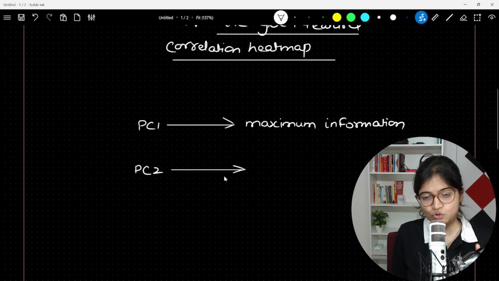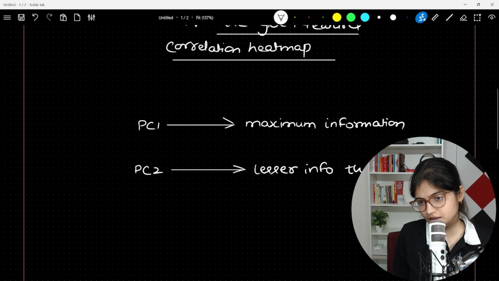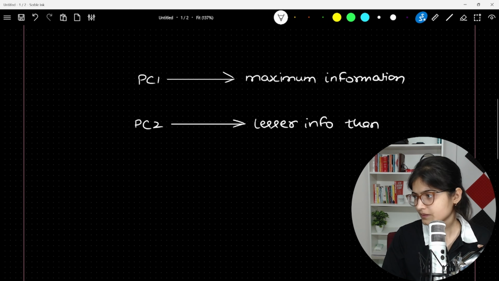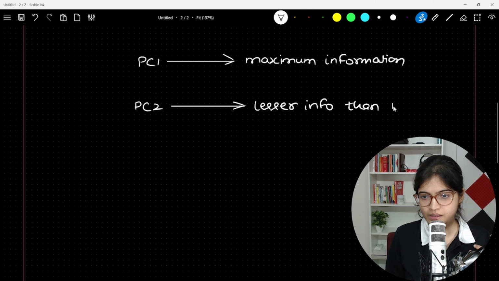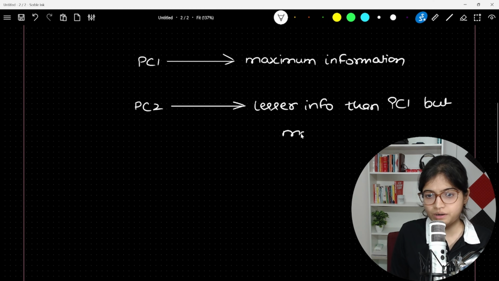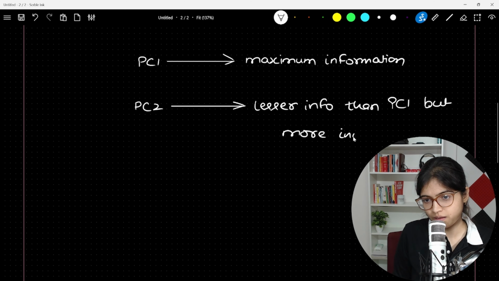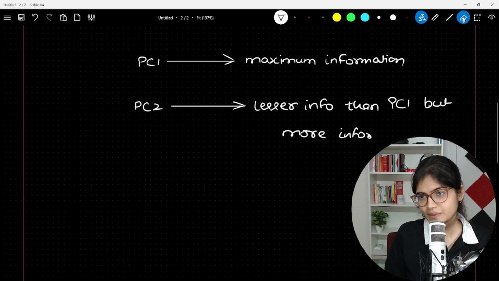Then PC2 will have less information than PC1, but more info than PC3.